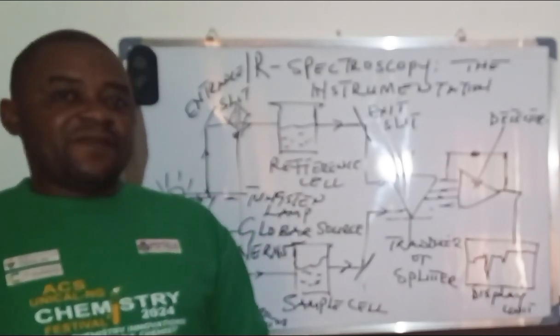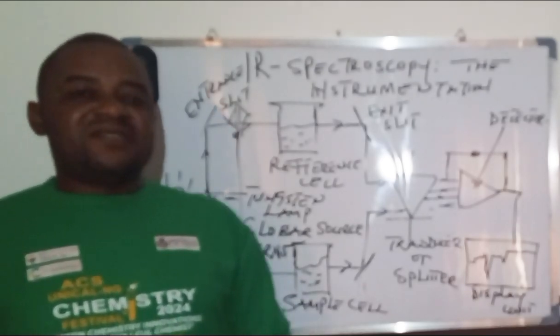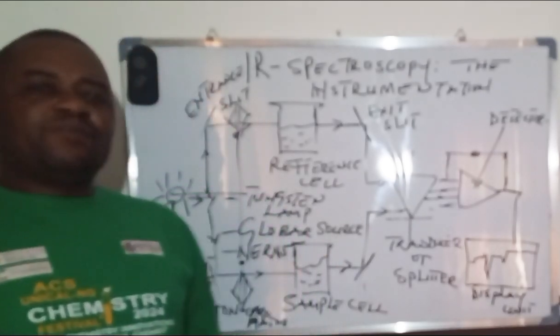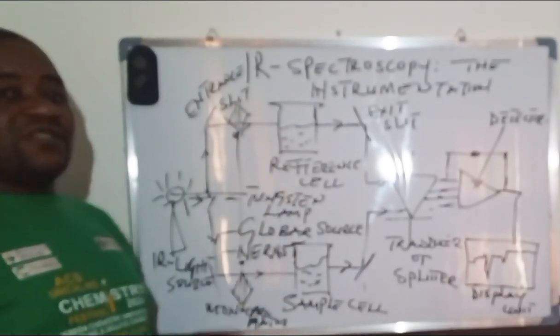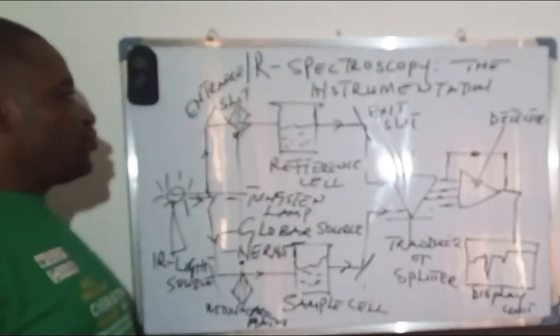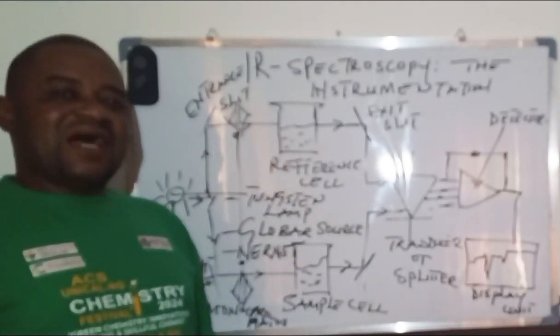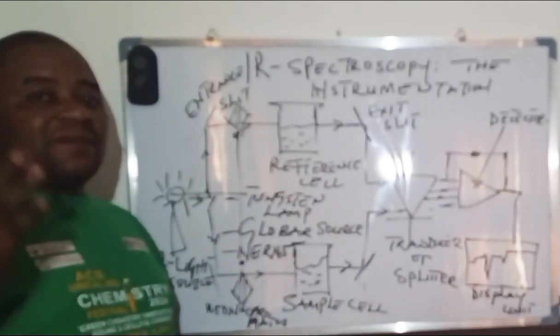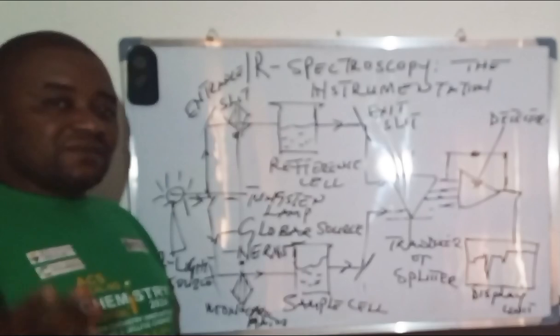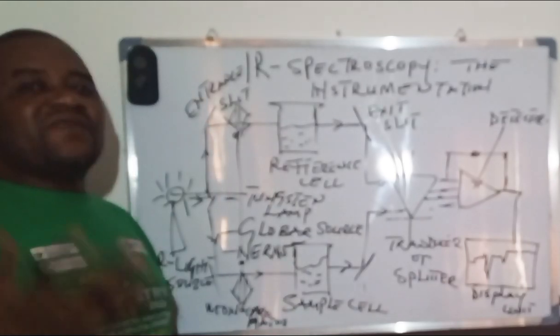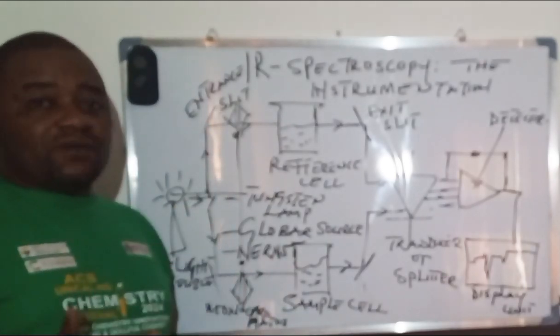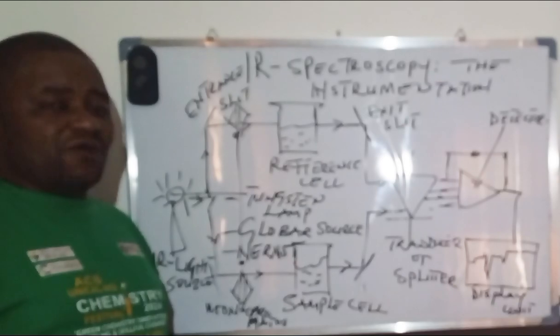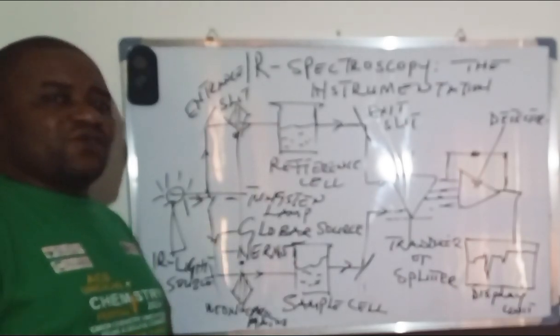The same thing happens here. Quartz and glasses are not used for building IR monochromators. This is because both quartz and glasses have a very high tendency of absorbing IR radiations.